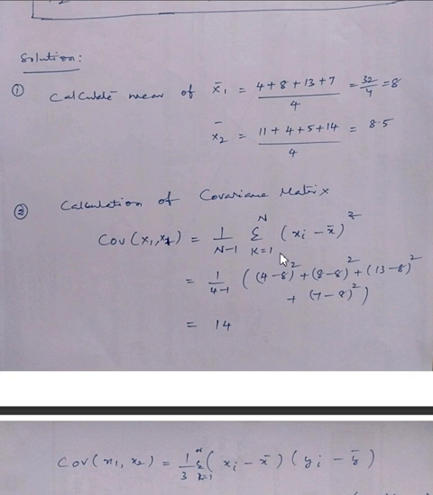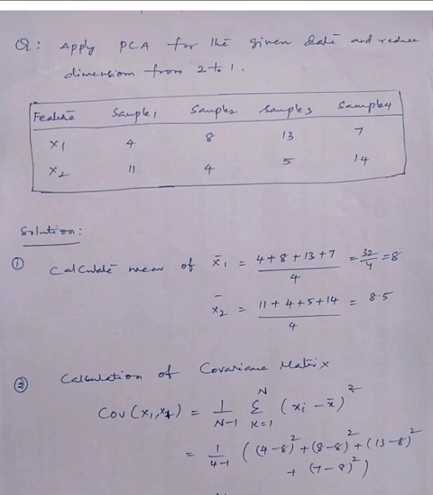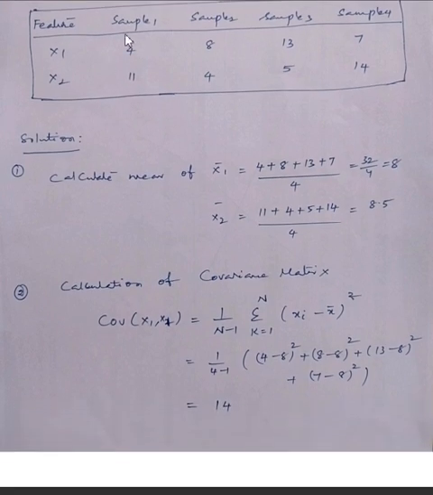The formula is 1 by n minus 1, summation of k equal to 1 to n, (xi minus x bar) whole square, where x bar is the mean. Because both are the same, we use only xi minus x bar; otherwise we would write (xi minus x mean) into (yi minus y mean). Here both values are the same, so it is (xi minus x bar) into (xi minus x bar).